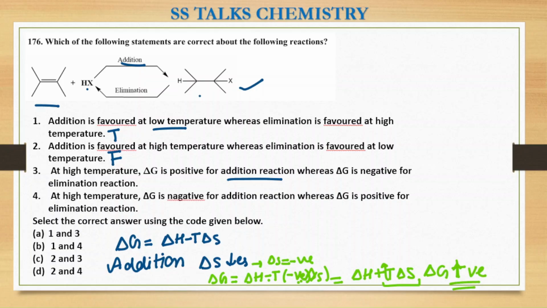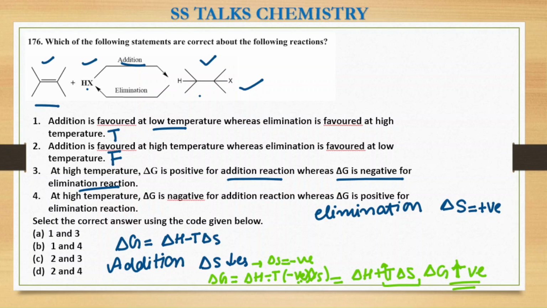Next it says delta G is negative for the elimination reaction. Now the elimination reaction is the reverse of the addition reaction, so the entropy of the system is increasing. You can see from one initial substrate, you are getting two species being formed, so the entropy value is increasing. Delta G equals delta H minus T delta S, and delta S in this case is positive, so this overall factor is going to be negative.